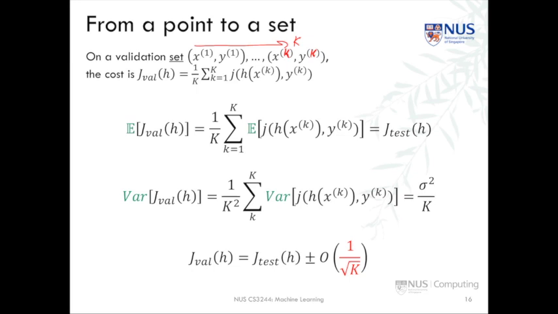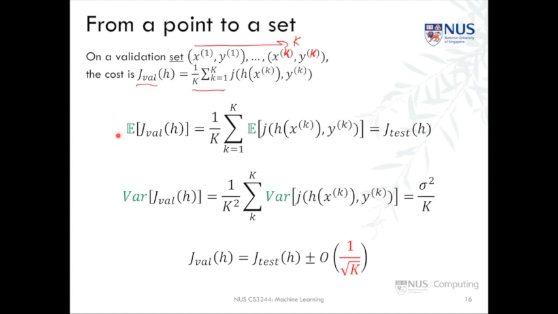When we use each of these independently drawn K points, our validation cost, or J-val, is going to just be, again, an average of the point-wise cost for each of the individual points. Let's see how that does in terms of our estimation, again, for the expected value and the variance.